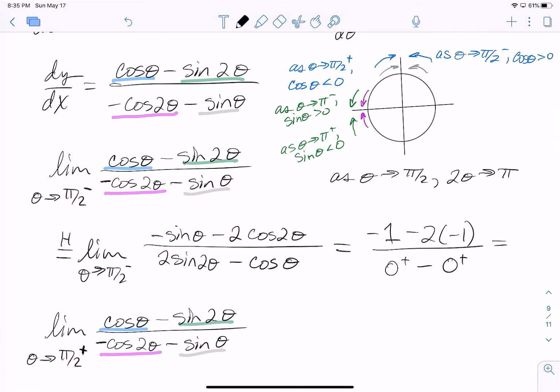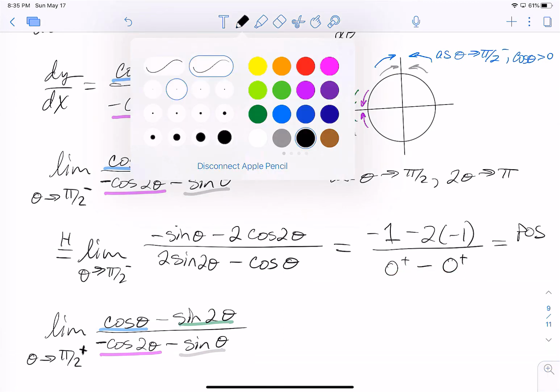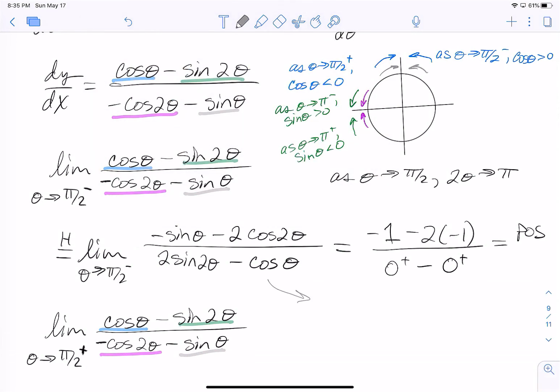Well, the numerator we see is basically negative 1 plus 2, so we have a positive numerator. The denominator, though, is still unknown because we have 0 minus 0, an indeterminate form. However, we can deal with that by actually expressing the denominator factored. So I'm going to write this as 4 times the sine of theta times the cosine of theta minus the cosine of theta. Factor out the cosine of theta, we're left with 4 times the sine of theta minus 1, and then continue our analysis.